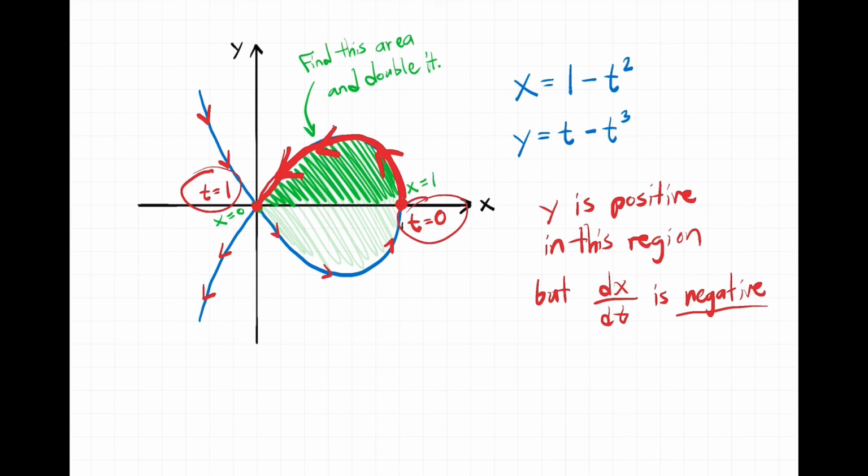And if I do that, I will force the x values to increase and the dx/dt to go down, because essentially the dt there is negative. And then the dx is also negative, and you multiply and you get a positive result. So you can force the integrand to become positive because you're actually integrating from left to right the way that we should, by forcing the t to start at 1 and go down to 0.